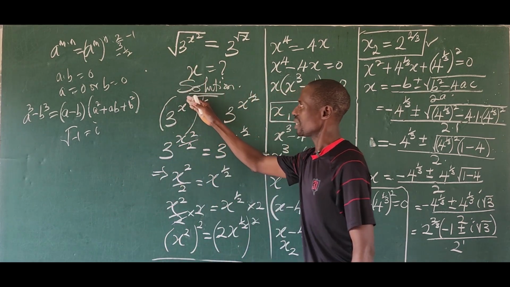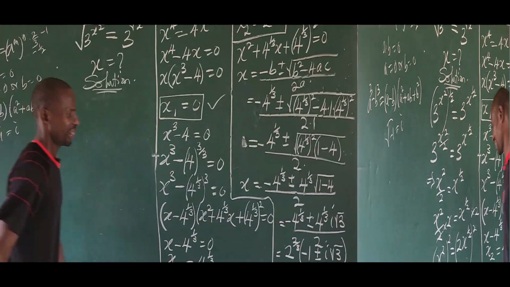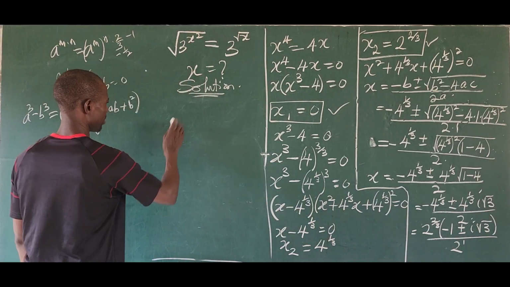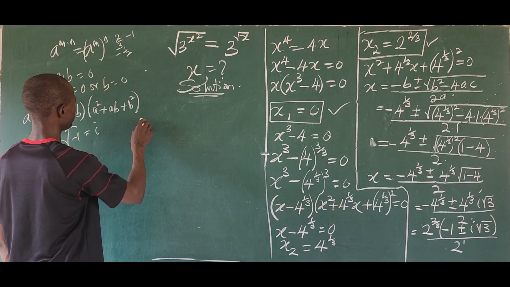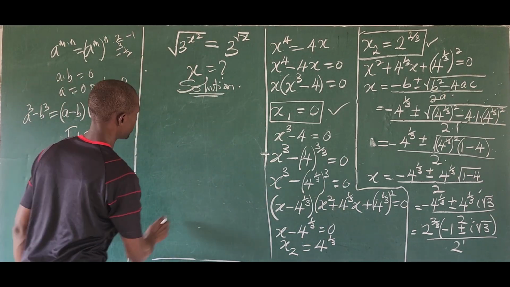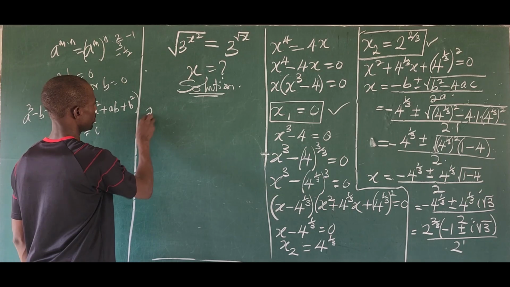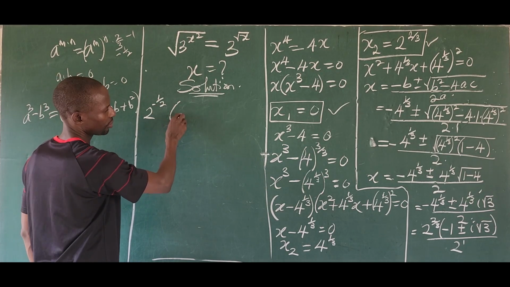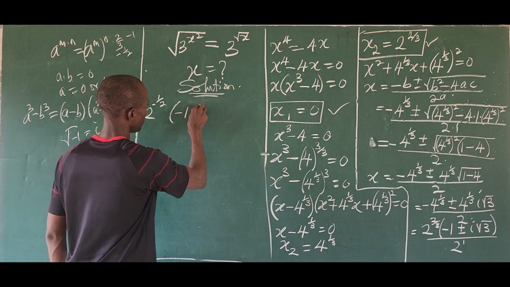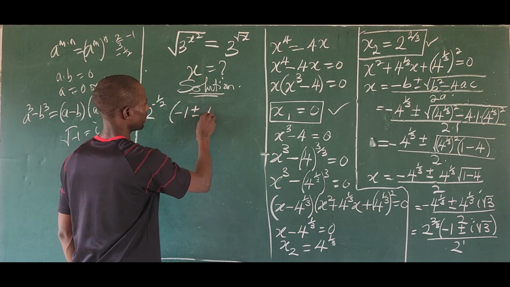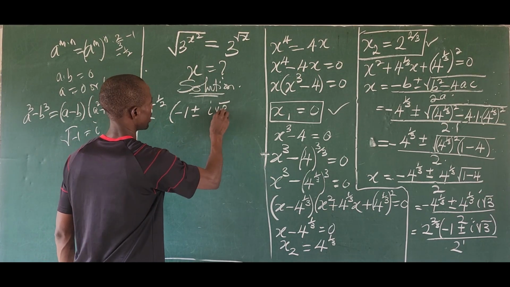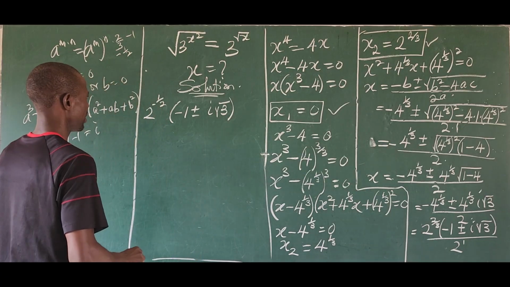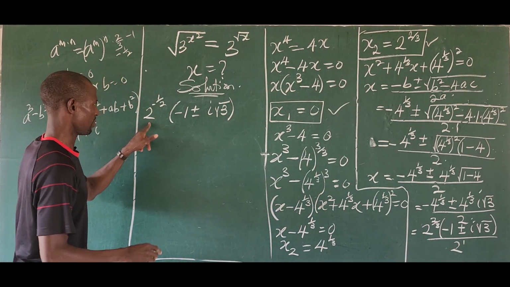Let's erase this and continue on this side. From here, we're going to come up with 2 to the power of minus 1 all over 2, then into minus 1 plus minus iota root 3, close bracket. And so we can shift this down because of this.